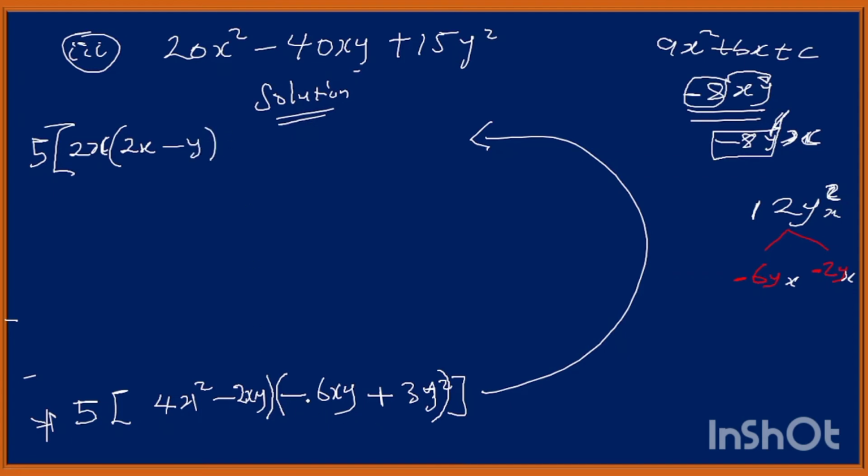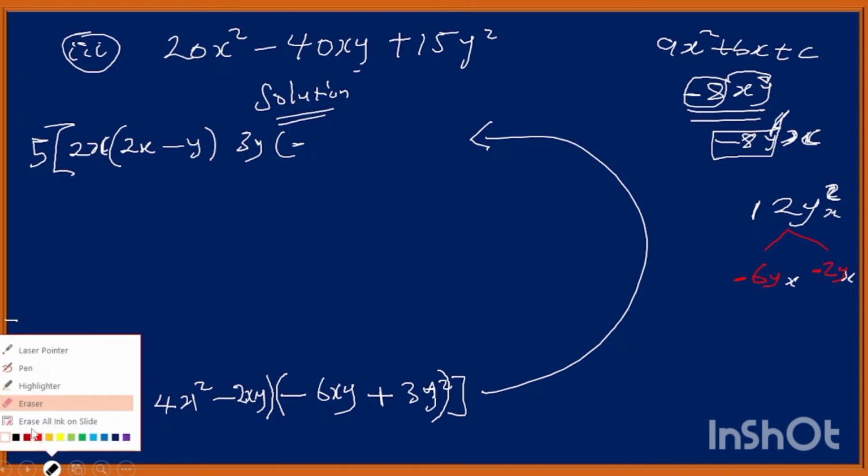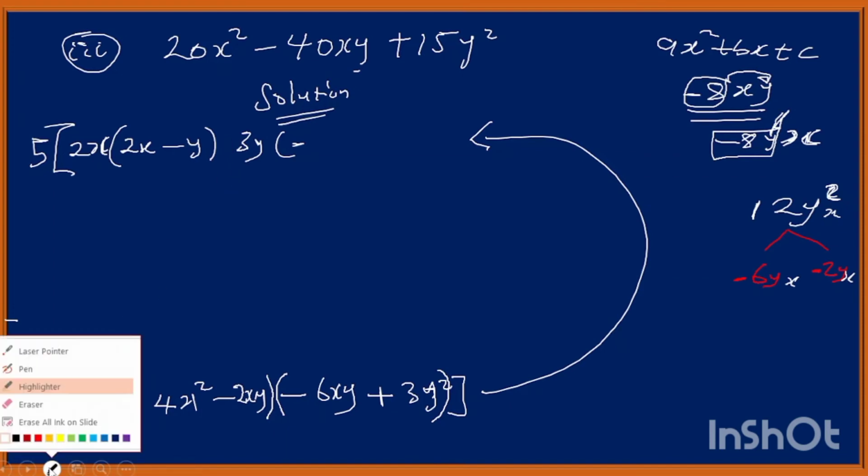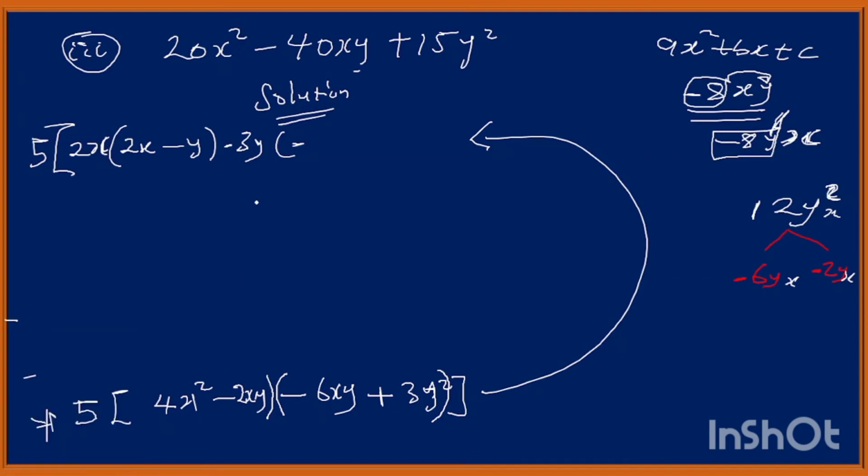Then what is common between minus 6xy and plus 3y? What is common there is 3y. So if I take 3y and divide each of these guys by it, the common term we have is minus 3y.